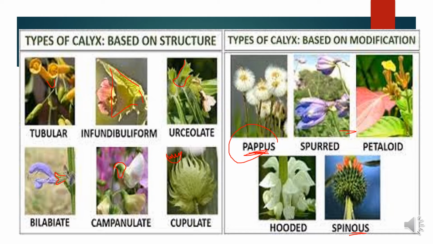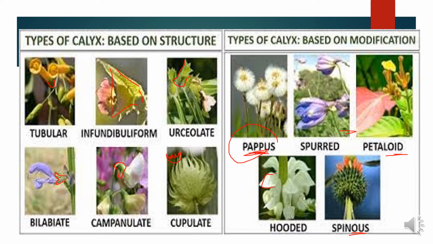So we should be very careful about remembering what type of calyx is present in which family. Another important type of calyx is petaloid, where the color of the calyx or the sepals is not green, but colored due to the dominance of carotenoid or other colored pigment. And this type of petaloid sepals is present where the petals are either absent or, if present, very inconspicuous.